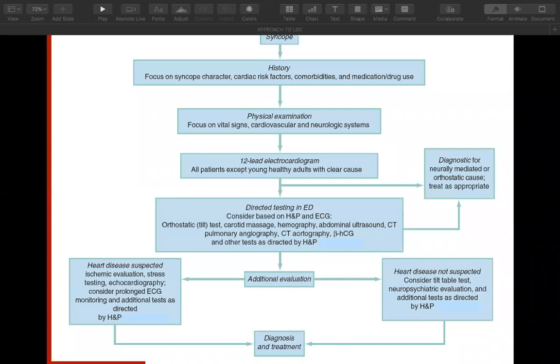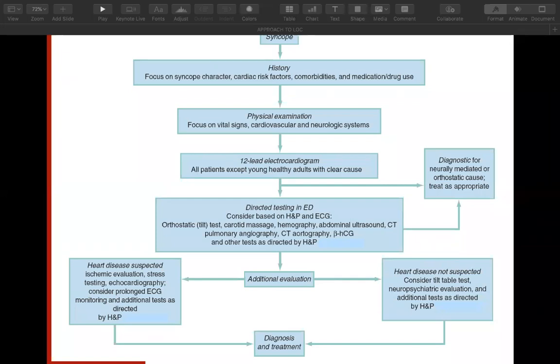So this is another algorithm of how to approach patient with syncope. So we focus on the syncope character, cardiac risk factors, comorbidities, and medication. If you remember the first algorithm, we get the history, we get a good physical examination, and get a 12-lead ECG to rule in if the cause of the syncope is cardiac in origin or not.